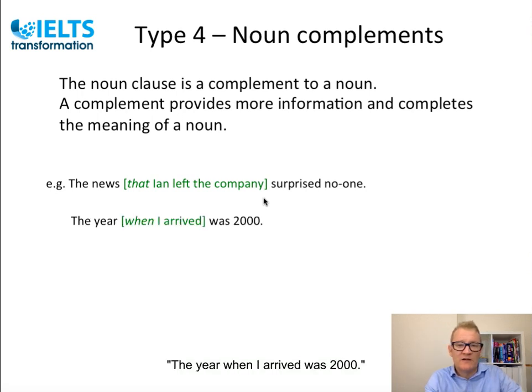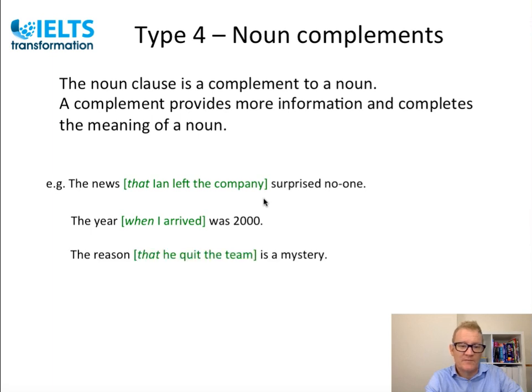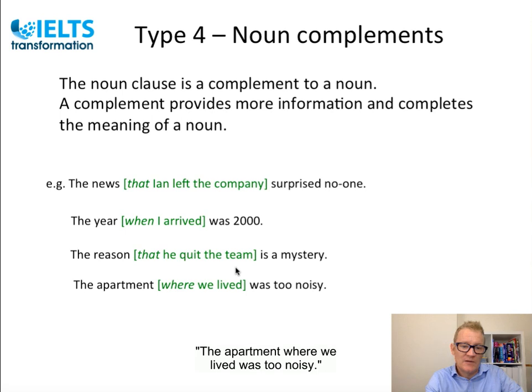The year when I arrived was 2000. When I arrived was 2000. The reason that he quit the team is a mystery. That he quit the team is a mystery. The apartment where we lived was too noisy. So you'll find in here that the news and that Ian left the company, they are the same.